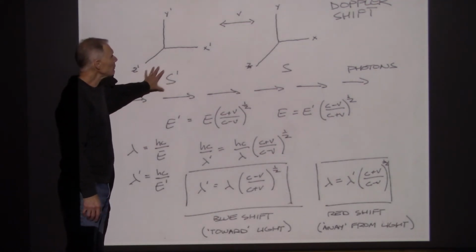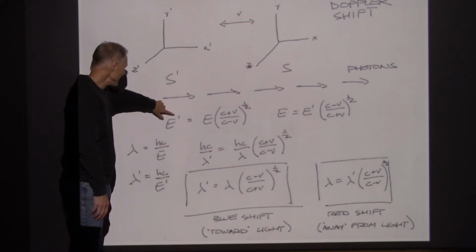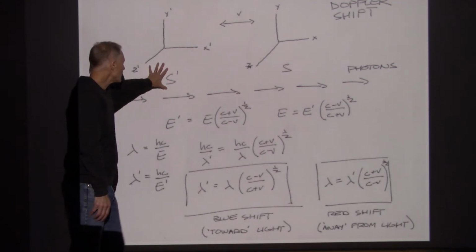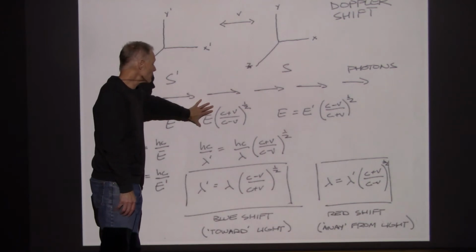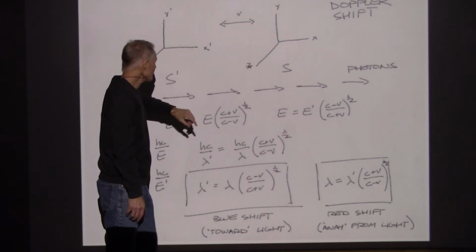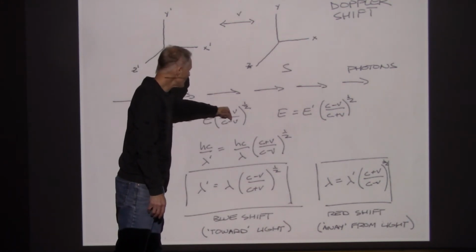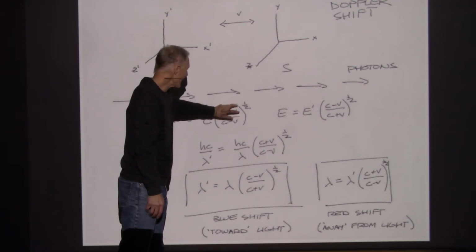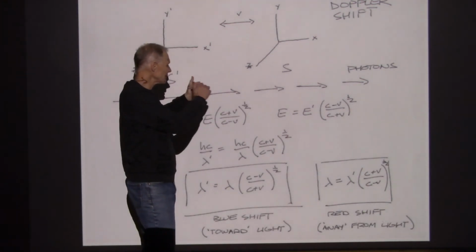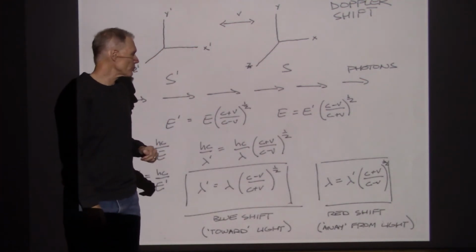Now the Doppler effect for light says that the energy of the photons measured in frame S will equal the energy of the photons measured in frame S prime times (C plus V over C minus V) to the 1/2, where C is the speed of light and V is the relative speed between the reference frames.